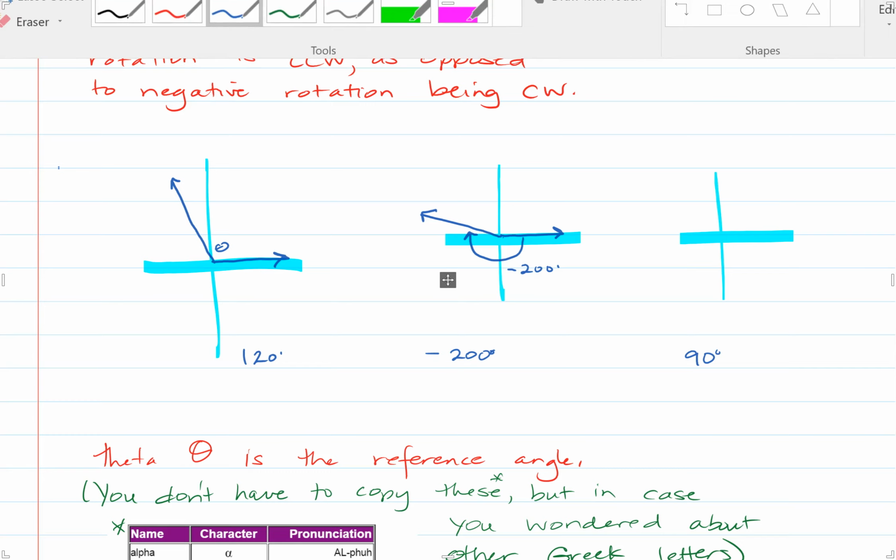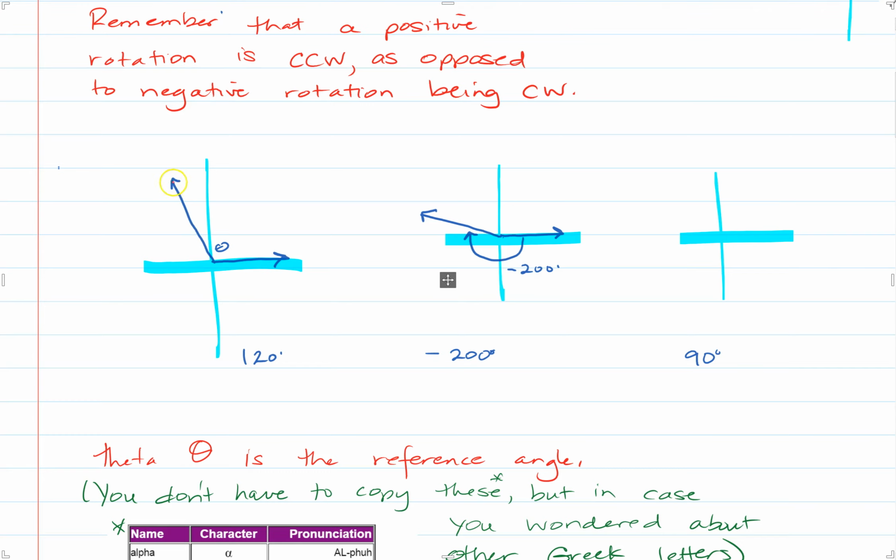The reference angle is made with the terminal side and the x-axis, and it has to be acute. It's going to make a supplementary angle, so it's got to be 60 degrees. The reference angle for 120 is 60.